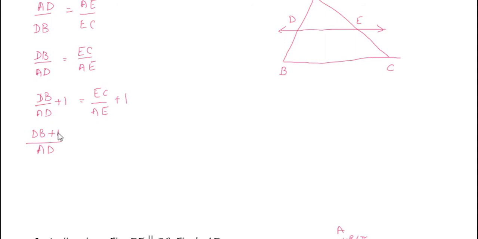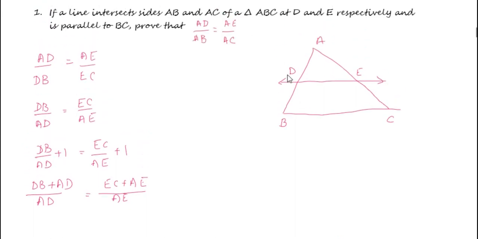DB plus AD is nothing but AB, so AB by AD equals EC plus AE, which is nothing but AC, divided by AE.